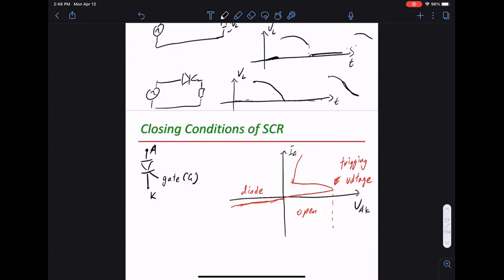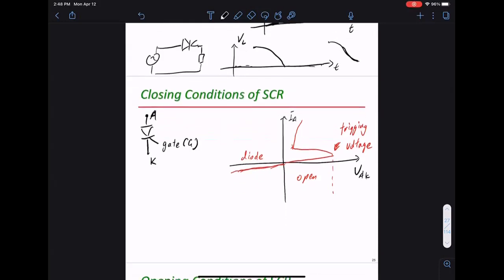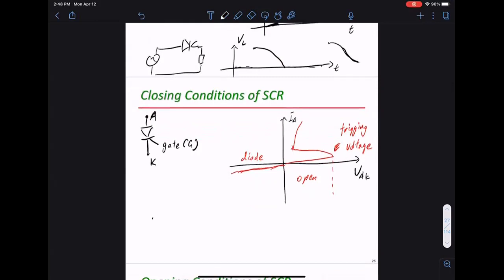So our goal, for making this a closed switch, is that we need two things to close it. The first condition is that the voltage is positive, so I need a positive voltage. It's a diode, plus it's a controllable diode, so this needs to be on.